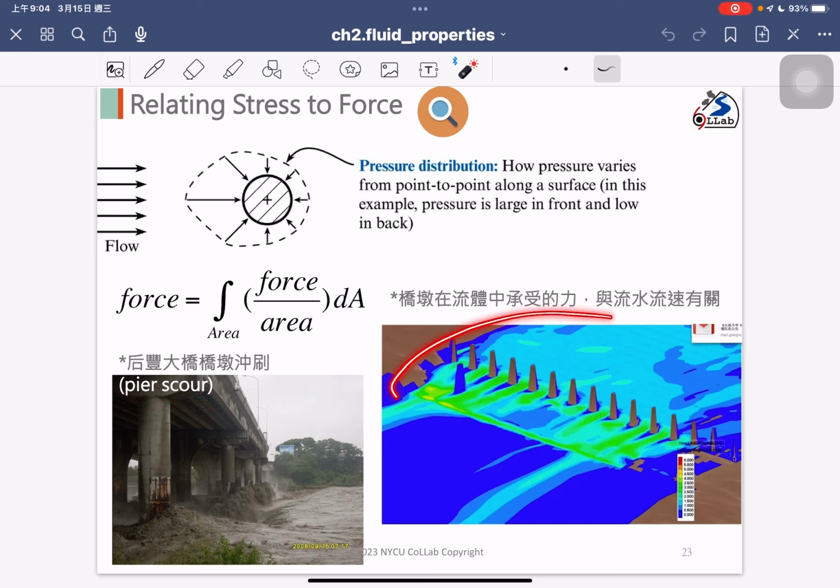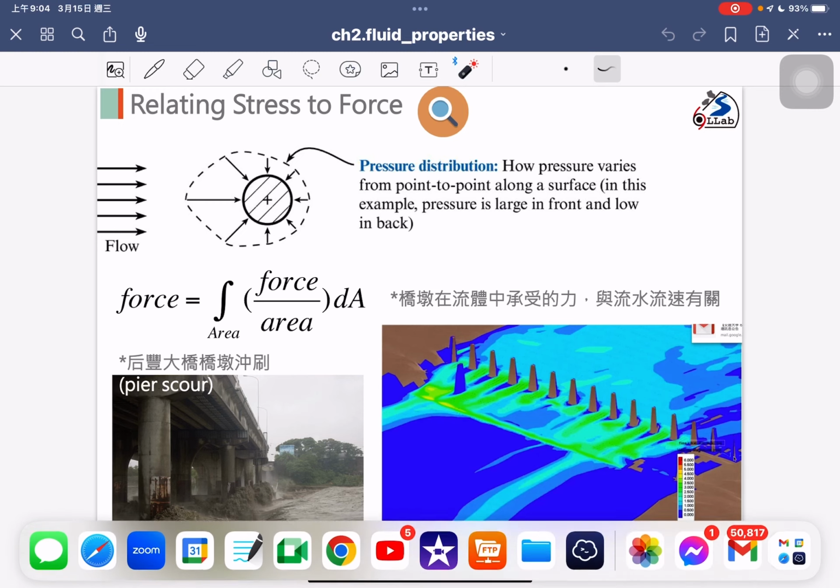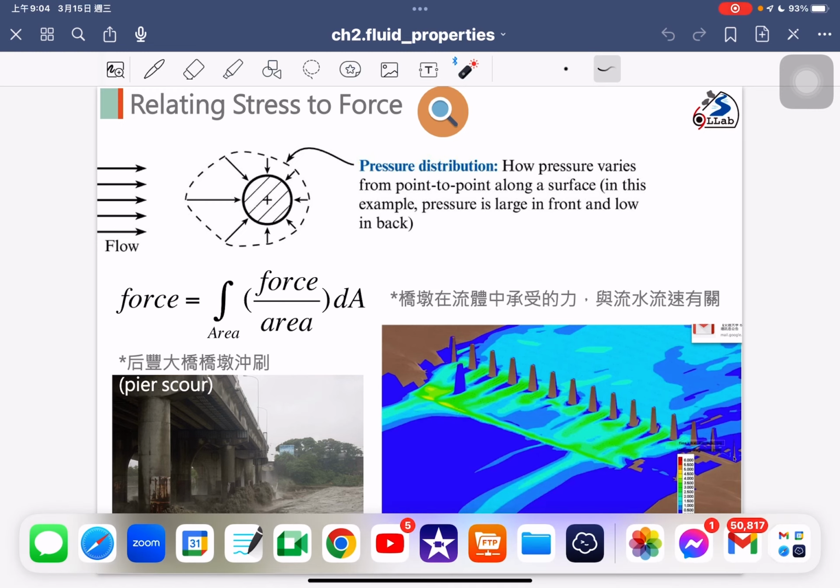So this is just a video. We know that the pressure distribution in the flow is controlled by the flow conditions, such as the flow depth, how large it is, and what the flow velocity is on the surface. I can show you one of the movies.